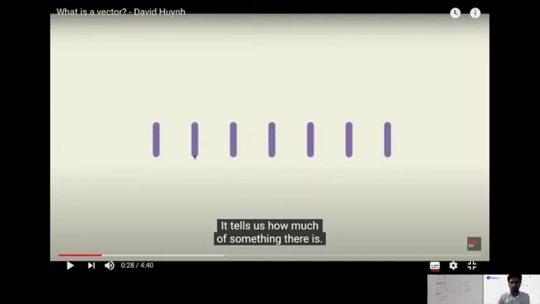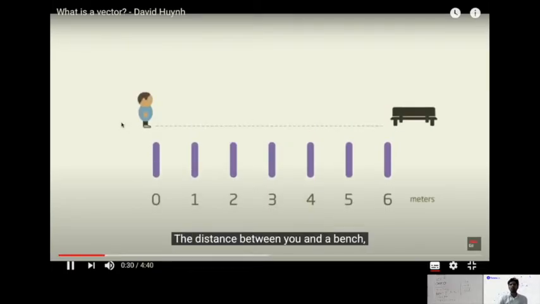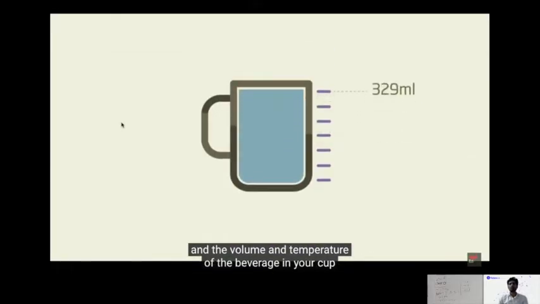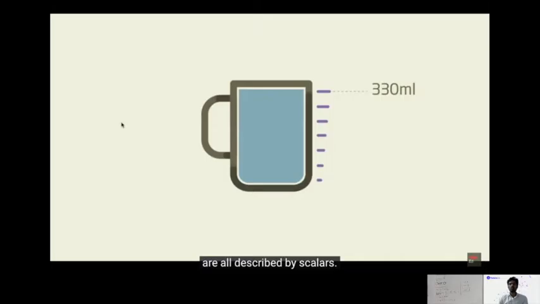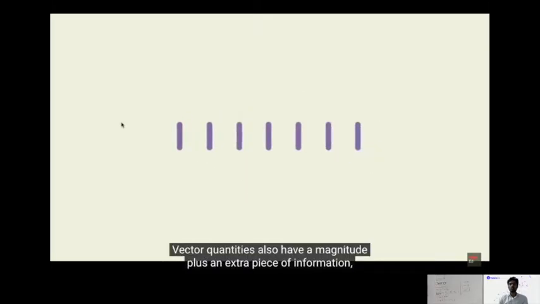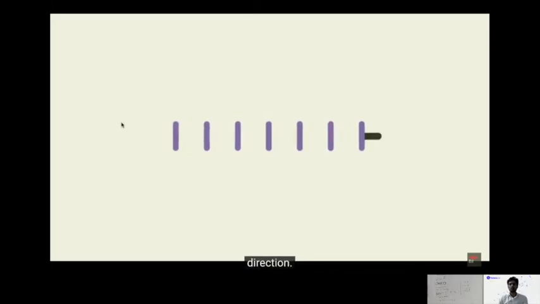The distance between you and a bench, and the volume and temperature of the beverage in your cup are all described by scalars. Vector quantities also have a magnitude, plus an extra piece of information: direction.